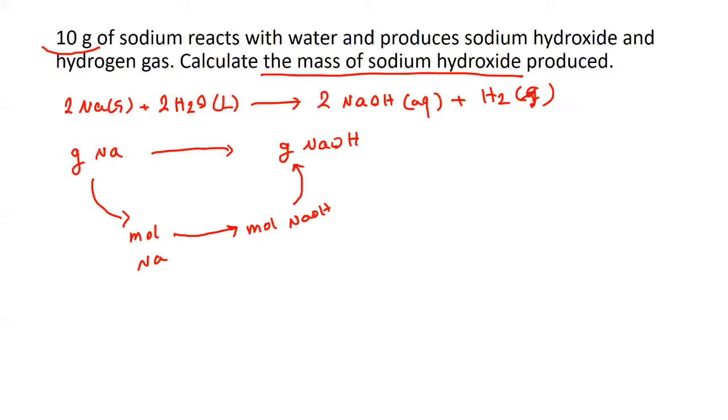I have grams of sodium. I want moles of sodium. Which formula do we need to use? We already talked about that. This formula. From moles of sodium to moles of NaOH, from sodium, that is our reactant, to NaOH, that is our product, 2 different substances. In the previous question, we talked about how we always need to use the ratio in the balanced equation.